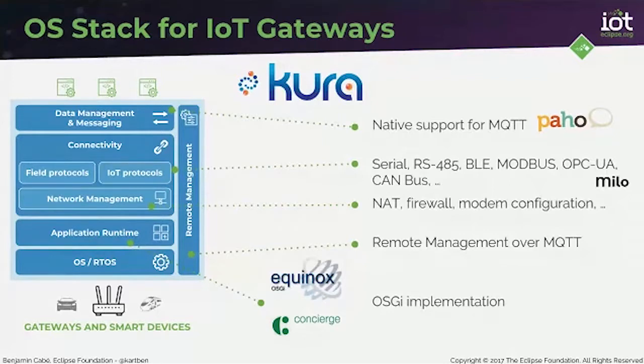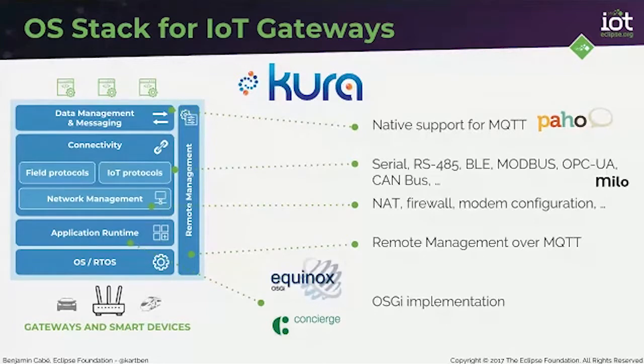And like I said earlier, the gateway is all about turning your raw telemetry information into more meaningful messages. So you will very likely find gateways that support messaging protocols like CoAP or MQTT or things like that.